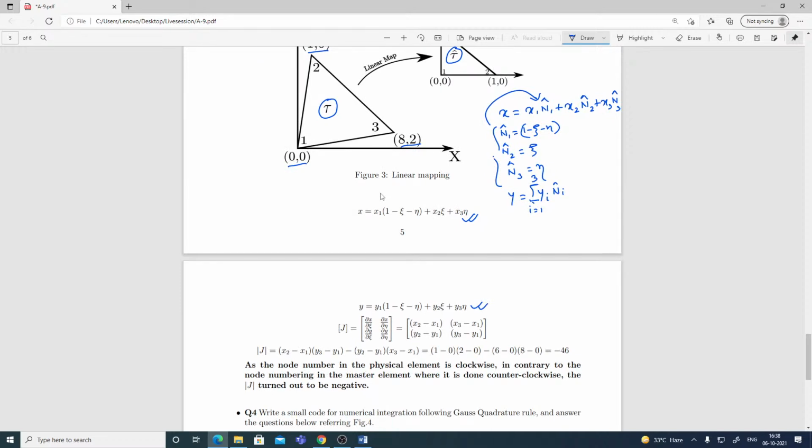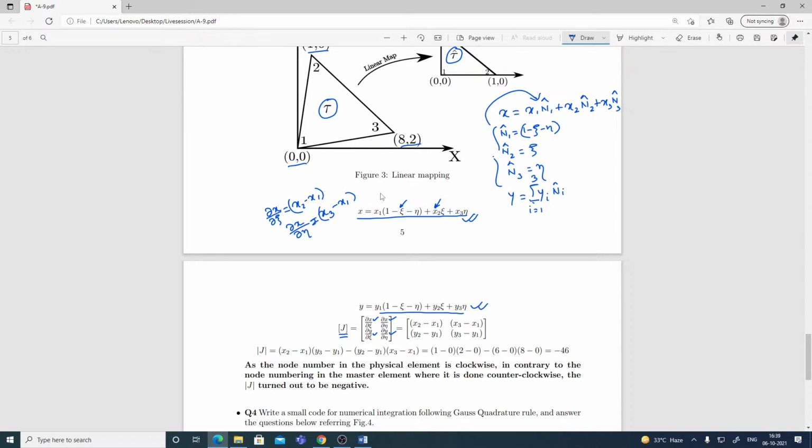Then we know the Jacobian is basically del x del xi, del x del eta, del y del xi, del y del eta. So we'll take the partial derivatives of each of these terms. As you can see, del x del xi will be x2 minus x1, and similarly del x del eta will be x3 minus x1.